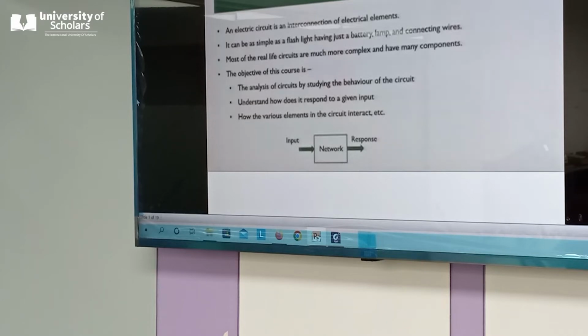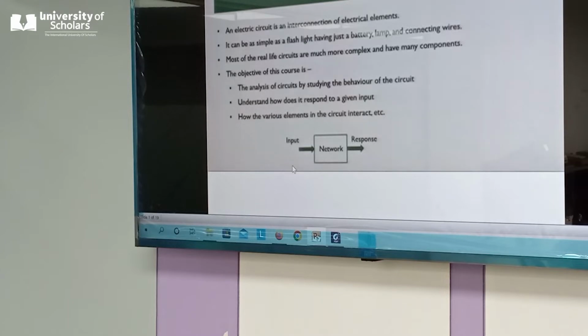Here we are more interested in analyzing voltage and current than the electric field. So basic electrical circuits will deal with voltages and currents. Basically, voltage can be represented by electric field, and current can be represented by something else.